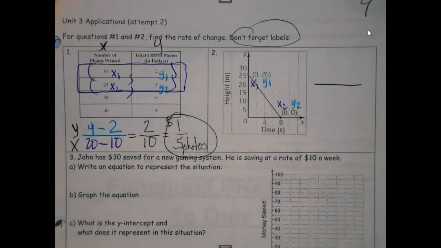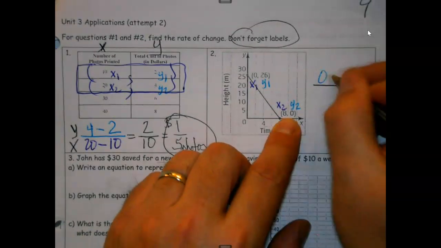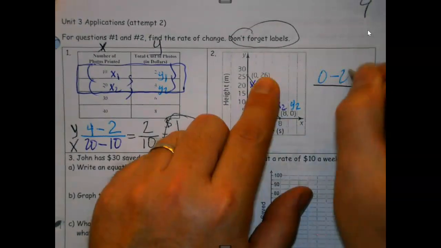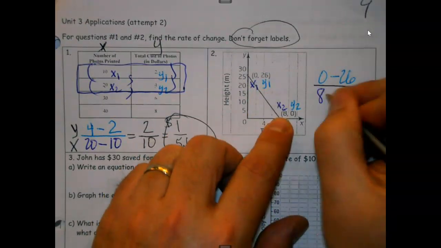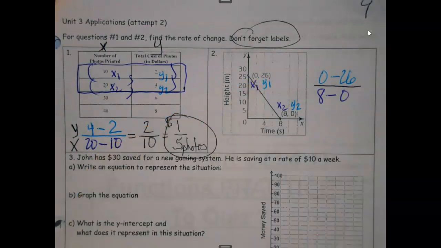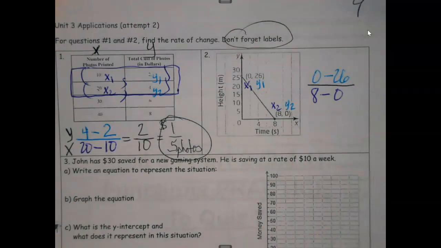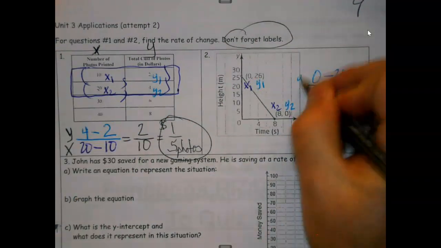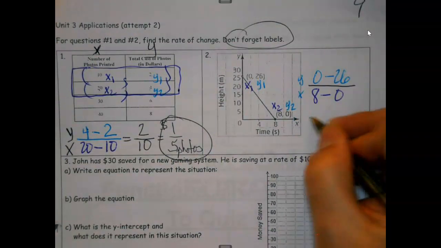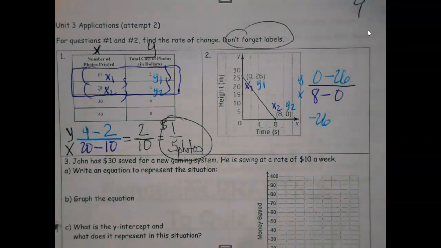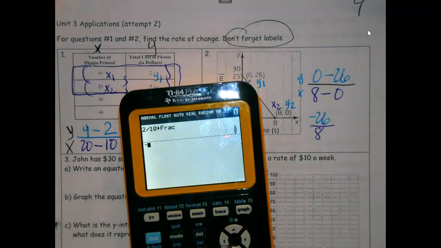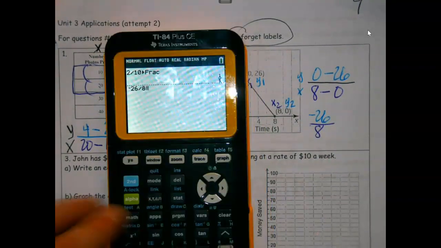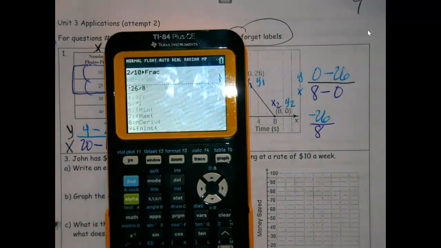All I got to do is subtract x2 minus x1, y and x, subtract those. I think that's going to reduce. Again, math, enter, enter.